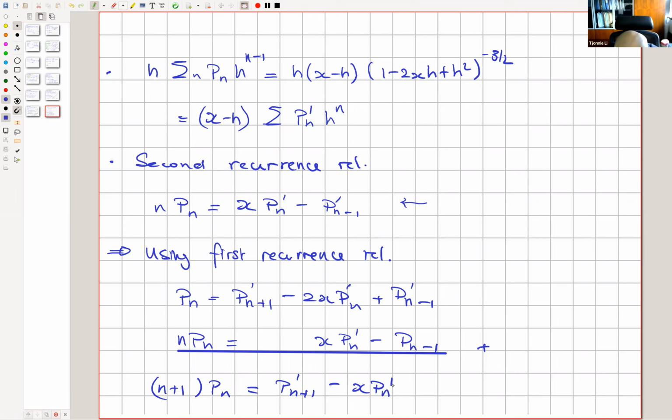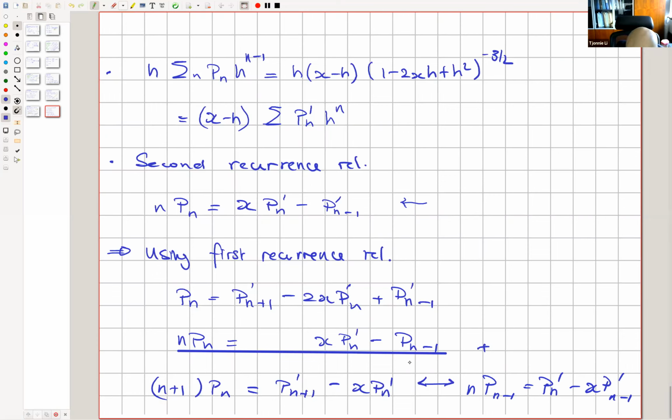Now again, I can interchange this by relabeling things again. And I do apologize, this is a little bit more algebra, but we're getting very close. So we can relabel this now from n to n minus 1 in such a way we just subtract 1. So we just write this as n Pn minus 1 equals Pn prime minus x Pn minus 1 prime.